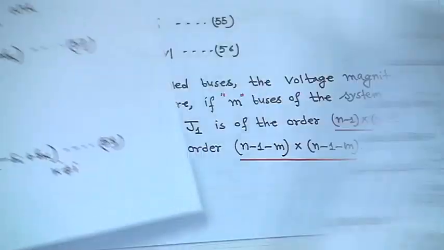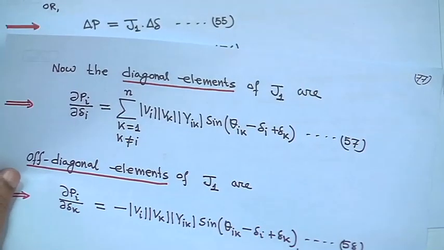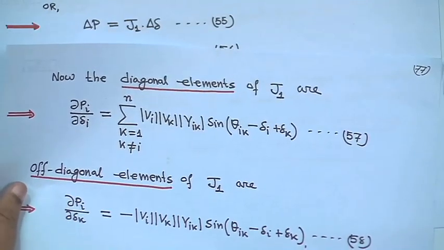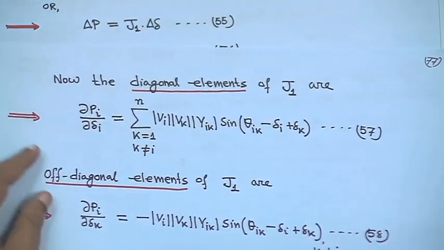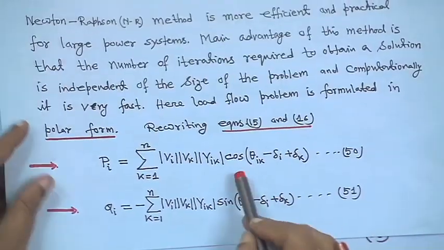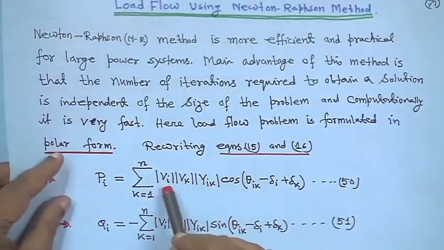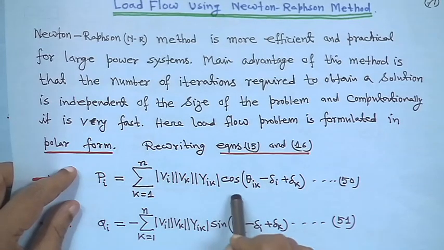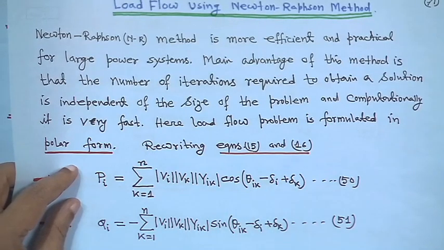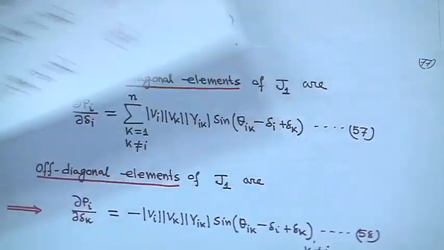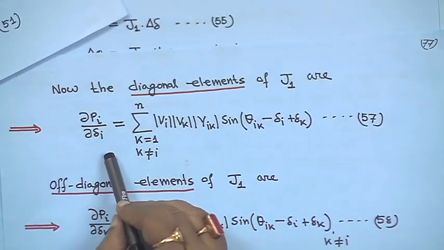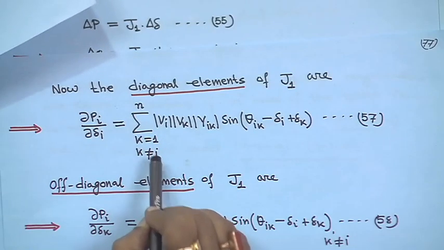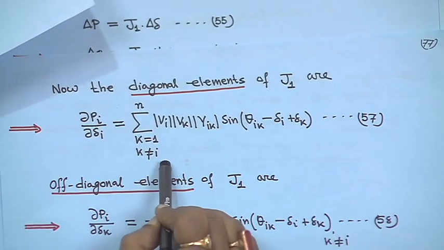This is your expression of Pi, right. Here you have to take the derivative now. First you take del Pi upon delta delta i, diagonal elements, k is equal to 1 to n, k not equal to i.